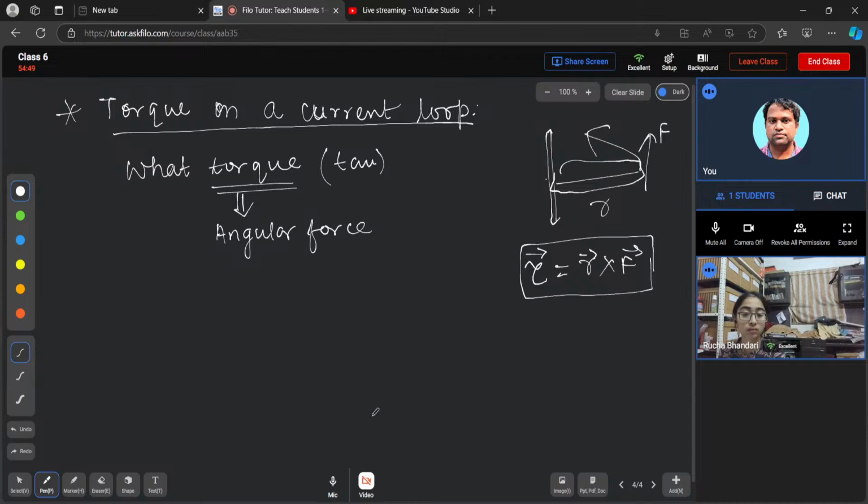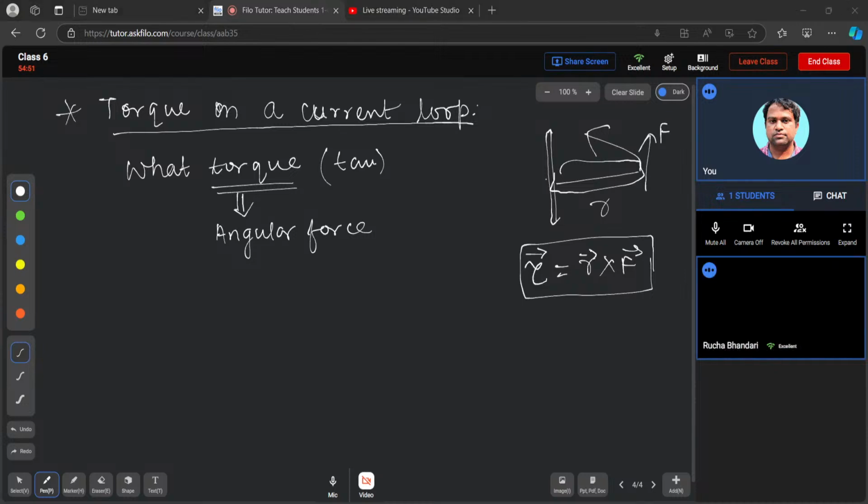So here, what is the diagram basically? The diagram construction is like this. We will keep this current loop inside a magnetic field.